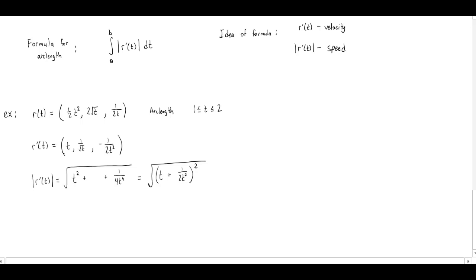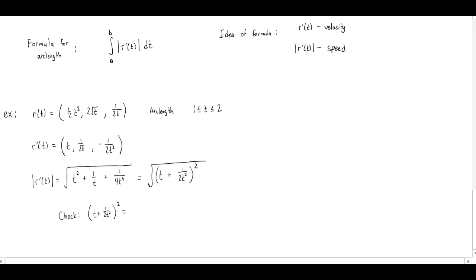But let's just double check to make sure that this does factor as that perfect square. It's usually easier to work the other way, so let's take this and square it.